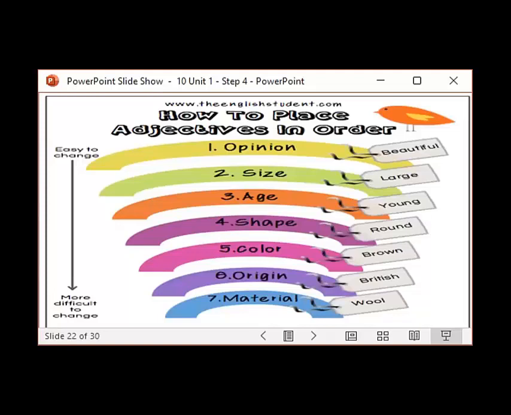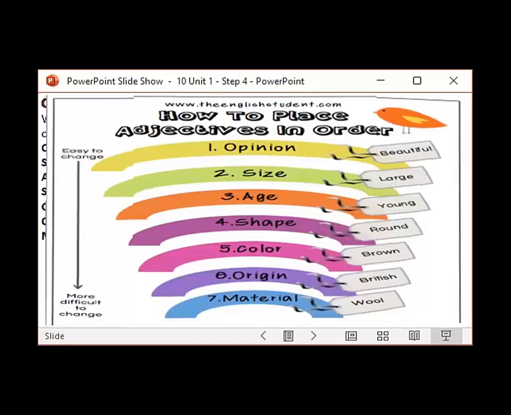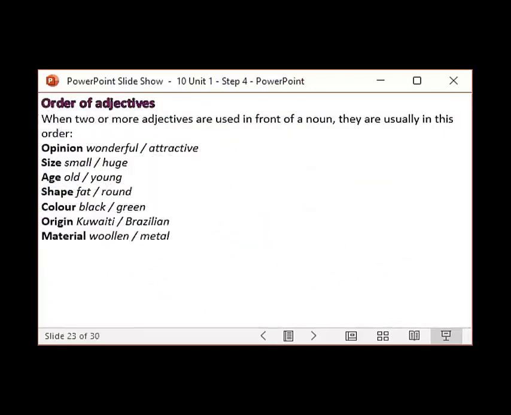Size like large. Age like young. Shape like round. Color like brown. Origin like Irish. Material like wool. You must keep in your mind, when two or more adjectives are used in front of a noun, they are usually in this order.